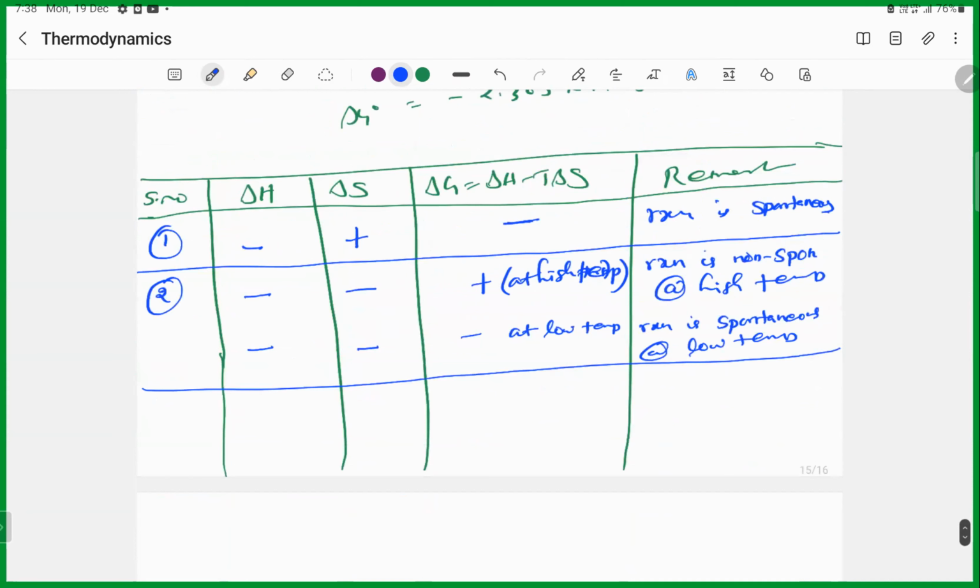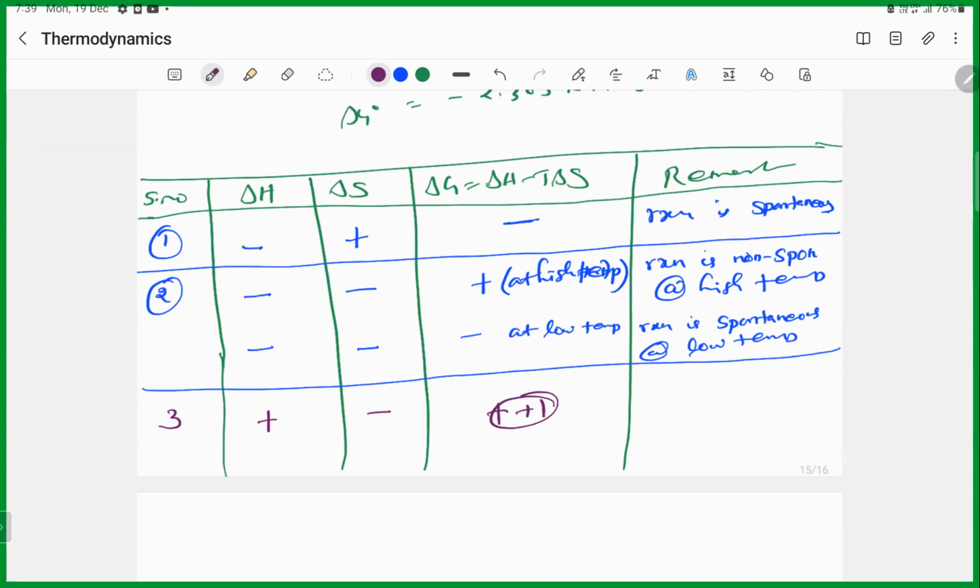And the third one. Suppose delta H is positive and delta S is negative. What is the delta G value? One is positive, another one is negative. Then delta G becomes? Positive, and negative into negative becomes positive.